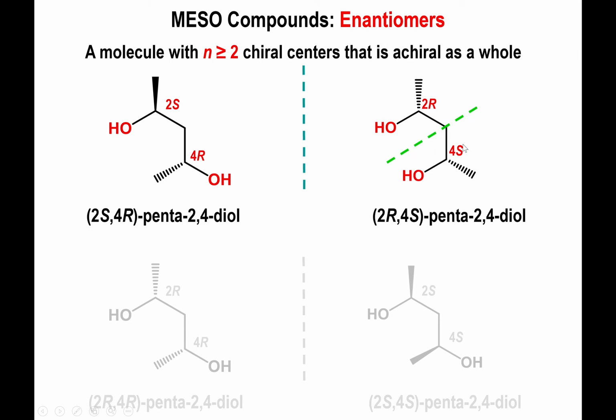Because there's a mirror plane, this molecule cannot be chiral, because for you to have a chiral molecule, mirror planes and inversion centers must be absent. And the fact that a mirror plane is present in this molecule that has multiple chiral centers means that the entire molecule is achiral. It does not have a chirality overall.